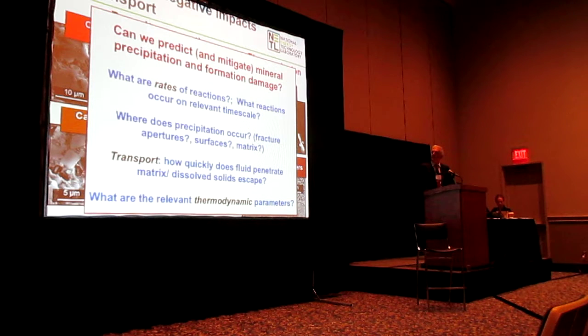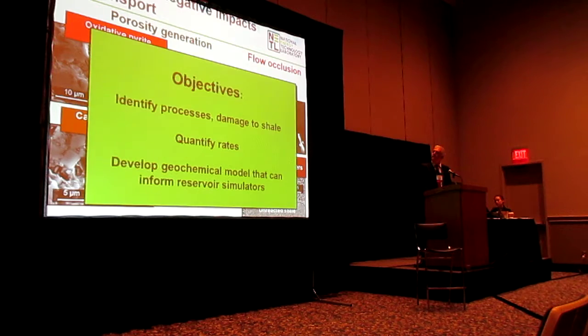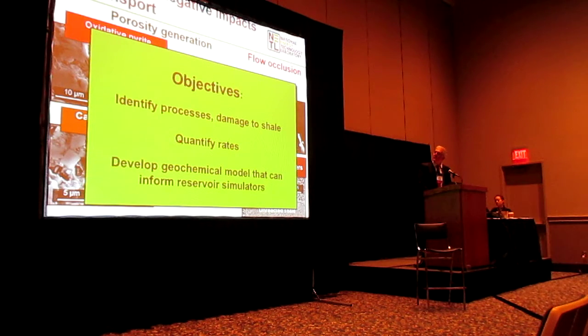Where is that happening? Is it going to impact our fractures? Is it going to impact the matrix? We also want to see where this precipitate is actually occurring. We call it shale damage, this secondary precipitation that's occurring in the rock.